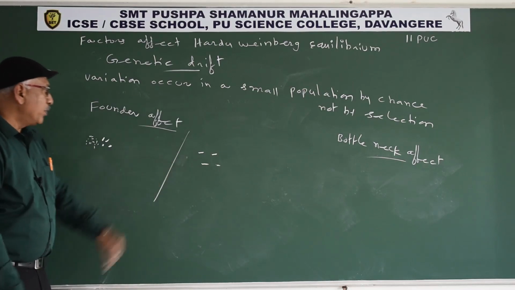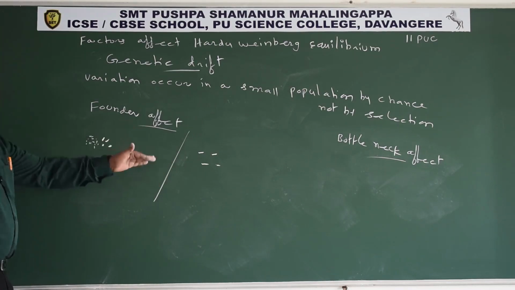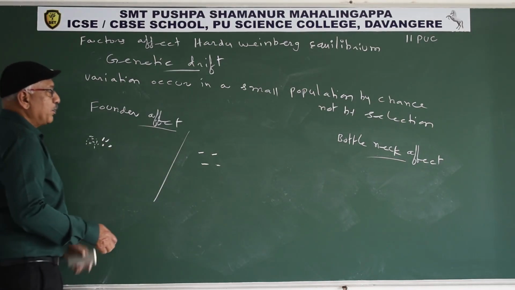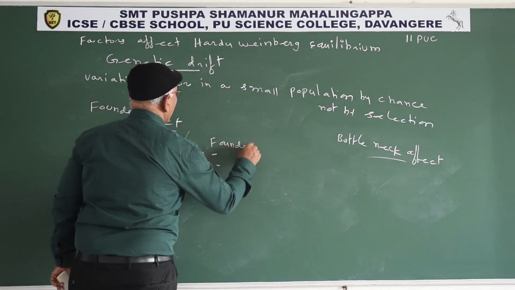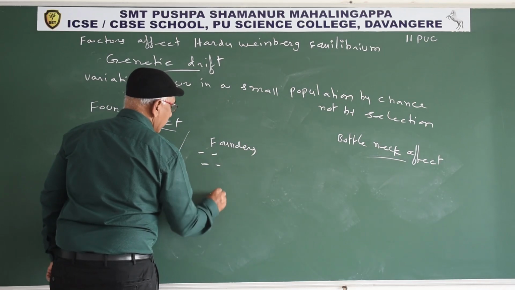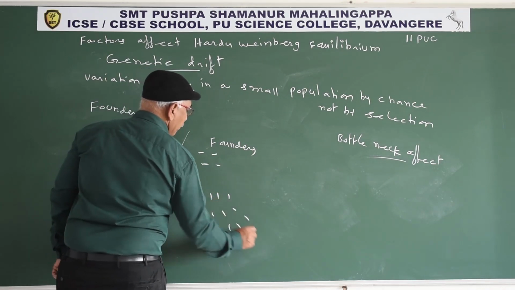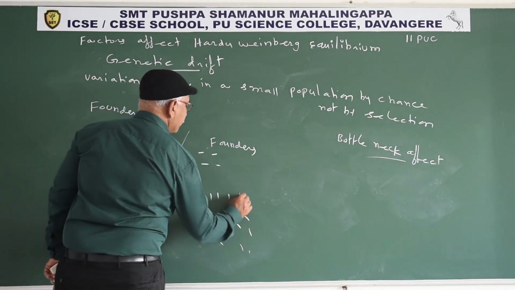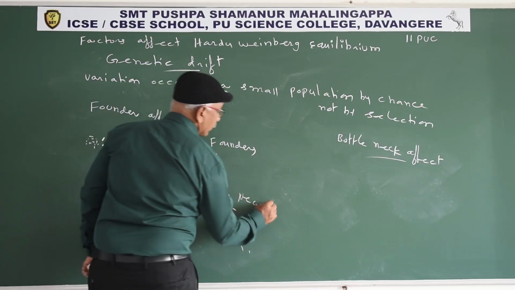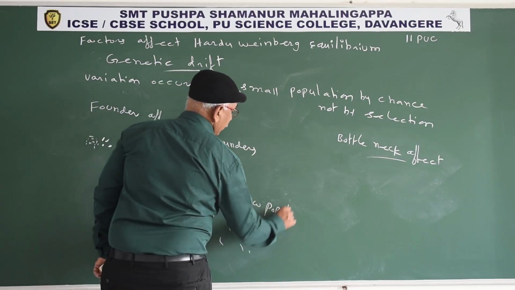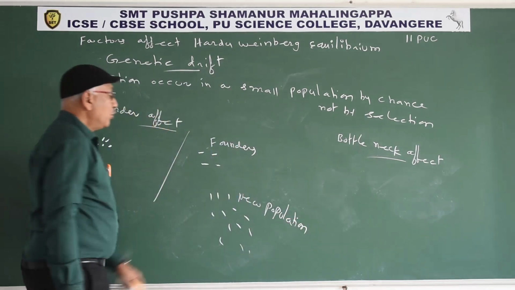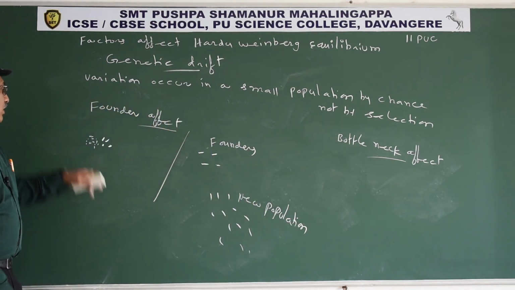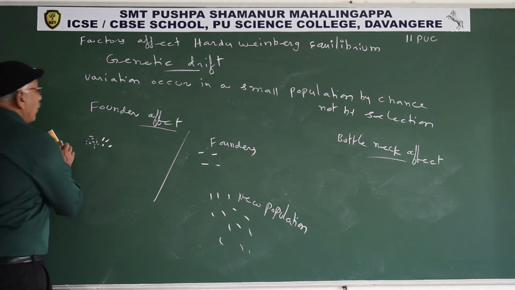The drifted population, meaning the moving population, is known as founders. From the founders, a new population evolved. The new population resembles the founders, not the original population.